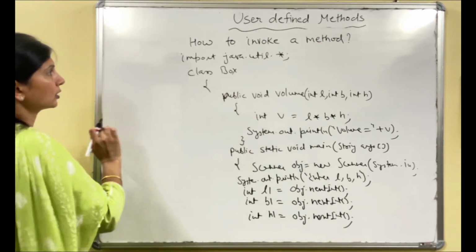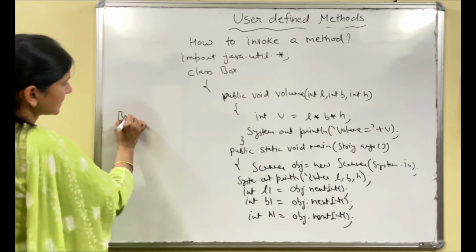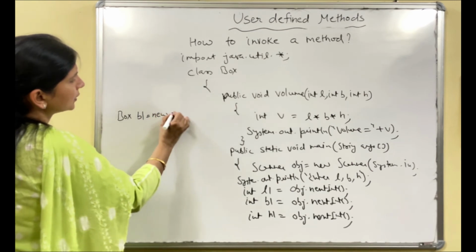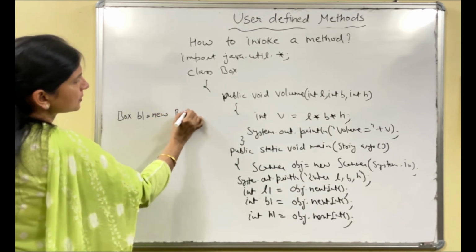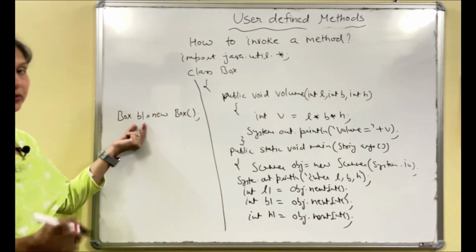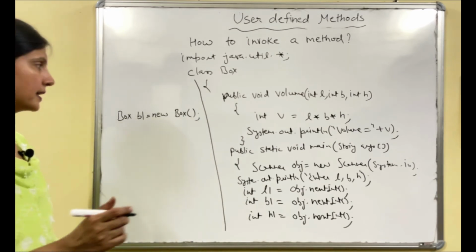As I have already told you how to create the object of a class: class name, object name B1 equals new Box. So we have created one object of class Box. Box B1 equals new Box, right?